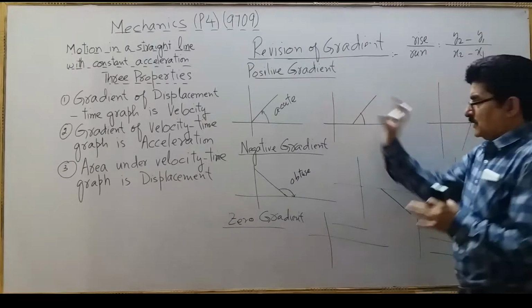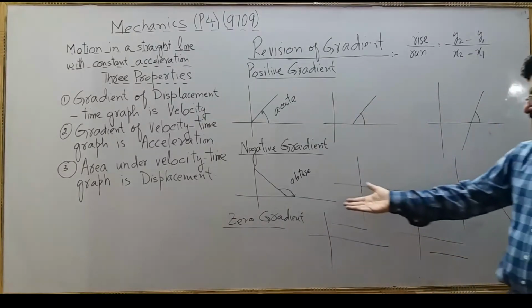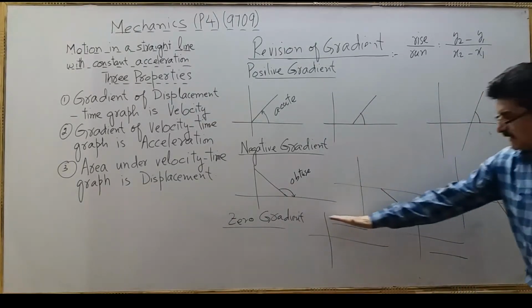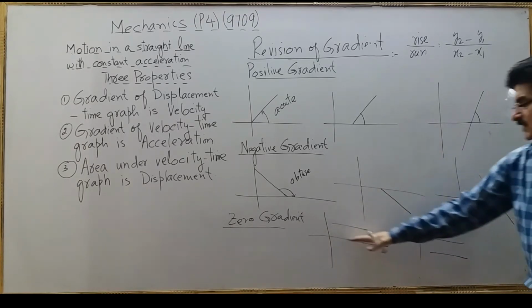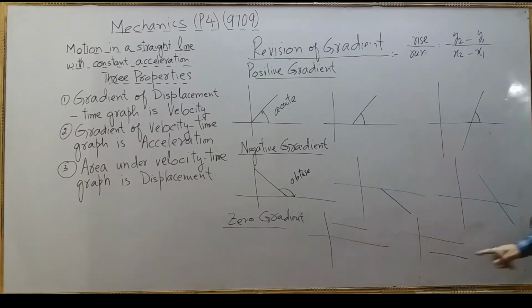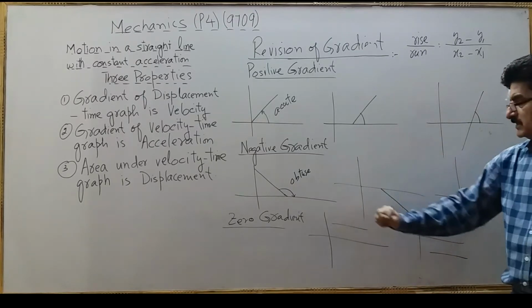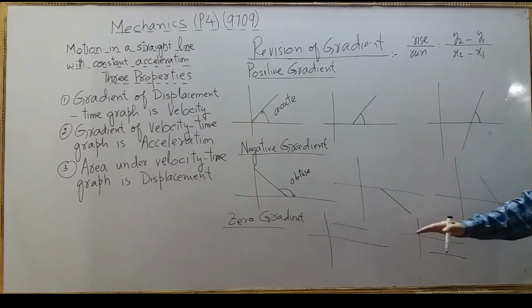So in between positive and negative we have zero gradient. When the graph is horizontal, meaning parallel to the time axis or this horizontal axis, the gradient will be 0. This graph may be above the x-axis or below the x-axis.